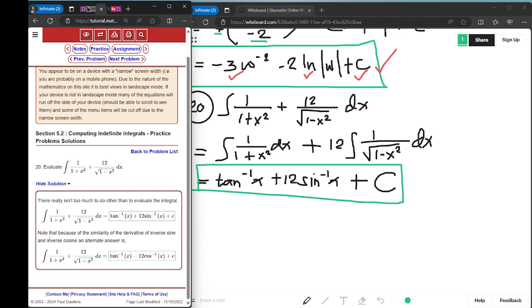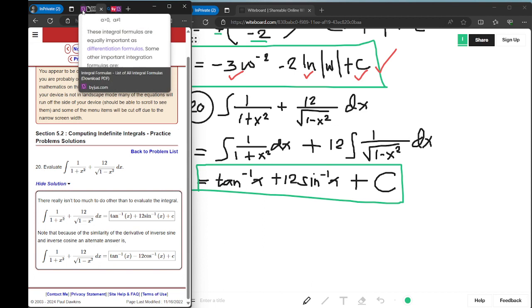Note that because of the similarity of the derivatives of inverse sine and inverse cosine, there is an alternate answer. So there are two possible answers for the problem. The first is the one that we have solved. The second is minus 12 arc cosine, or inverse cosine.